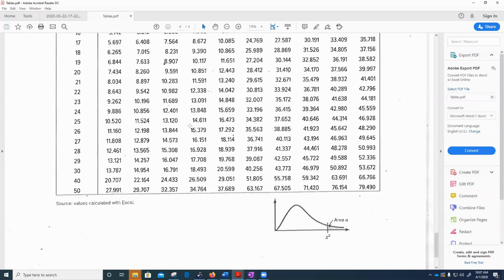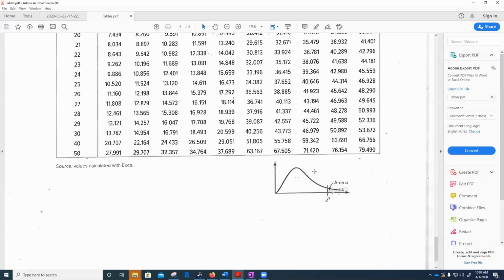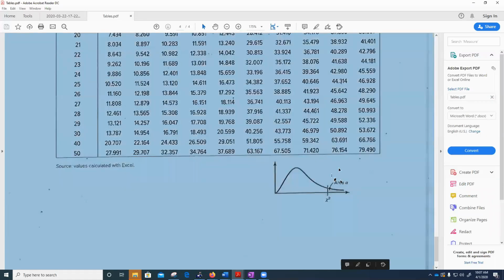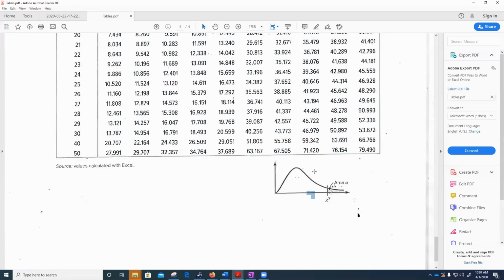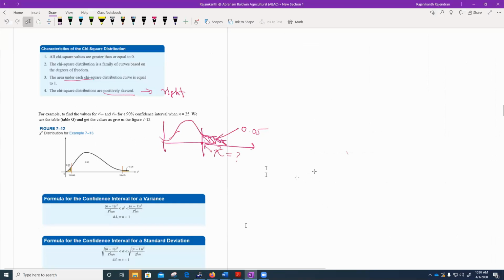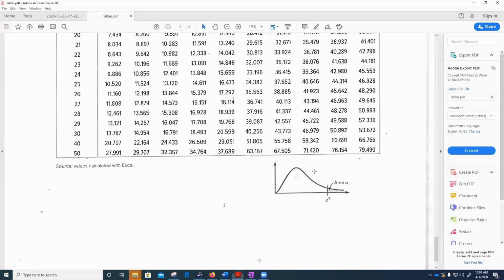If you look at the graph here, you see the area on the right side, if this is alpha, then the corresponding chi-square value is inside the table. Now in this particular example, my alpha is 0.05, right? So this is my right side area, alpha. You have to look for this value in your table.